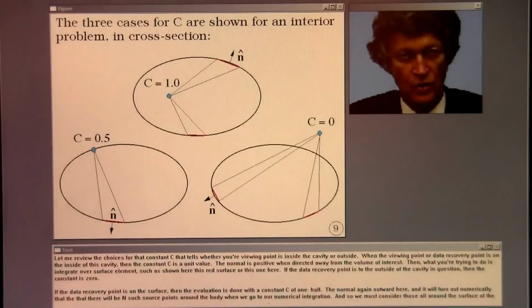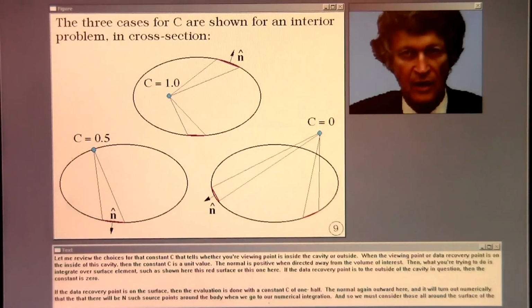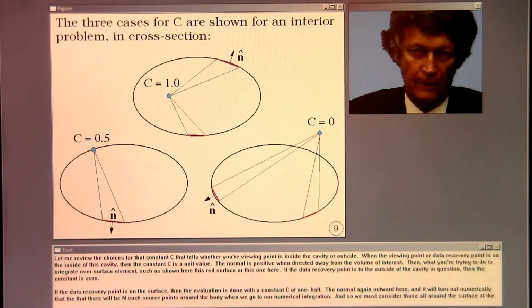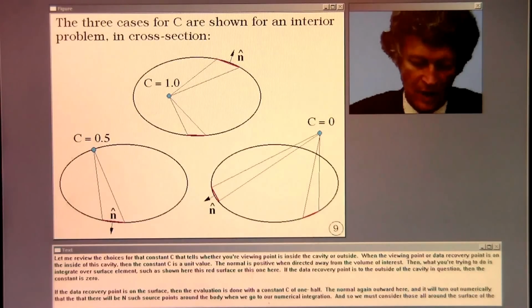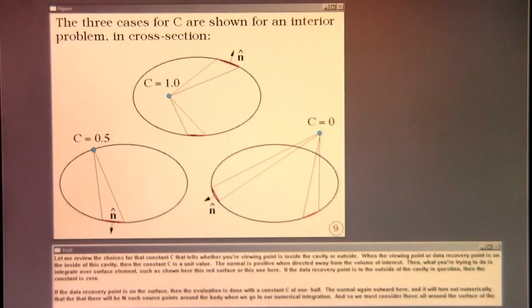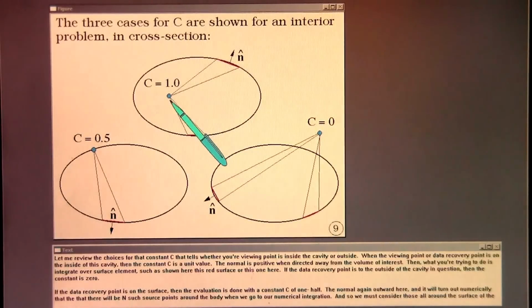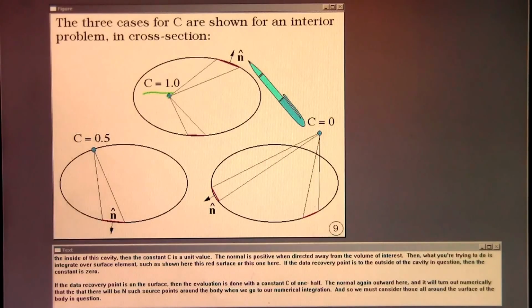Let me review the choices for that constant C that tells whether your viewing point is inside the cavity or outside. When the viewing point or data recovery point is on the inside of this cavity, then the constant C is a unit value. The normal is positive when directed away from the volume of interest. Then what you're trying to do is integrate over surface elements such as shown here, this red surface or this one here.